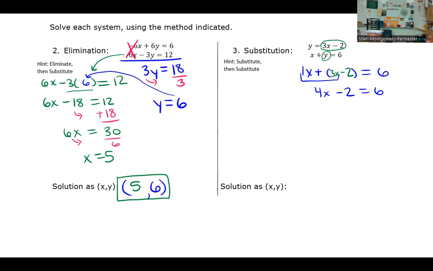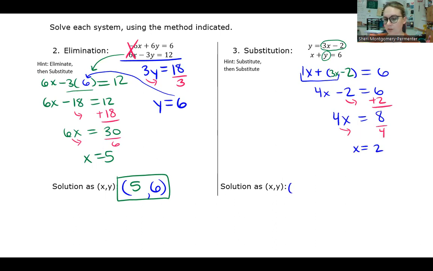So 2 steps. What's my first step? I gotta add 2. All right, last step. Very good, divide. So I get x is equal to what?